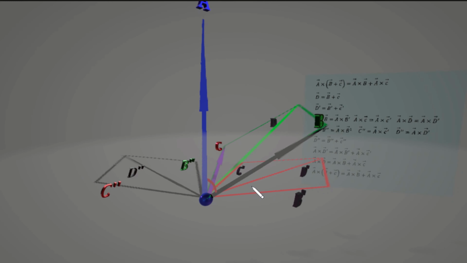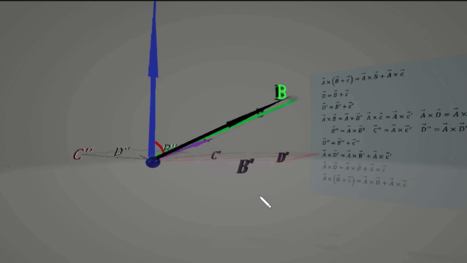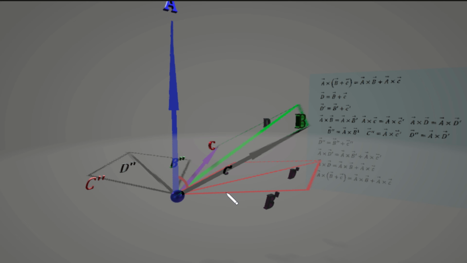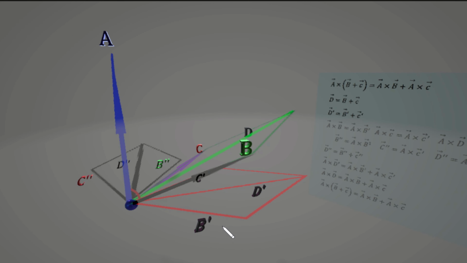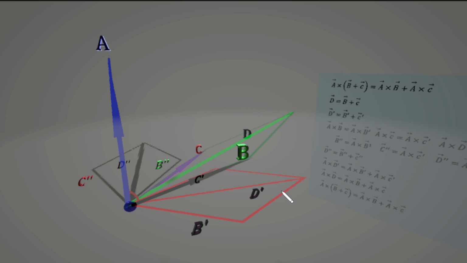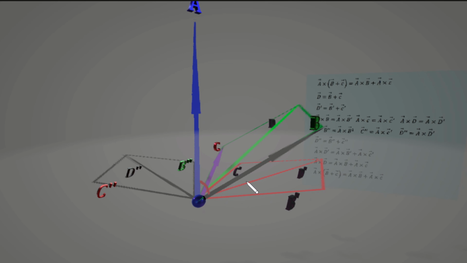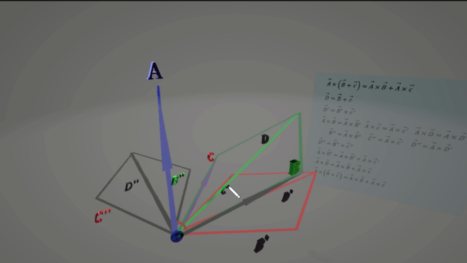Let us assume the angle between A bar vector and B bar vector is theta. In that situation, the angle between B bar and a plane perpendicular to the A bar vector is 90 minus theta. So the B component on this plane is B sin theta, here represented as B prime. In a similar manner, the component of C onto the plane perpendicular to A bar is written as C sin alpha.